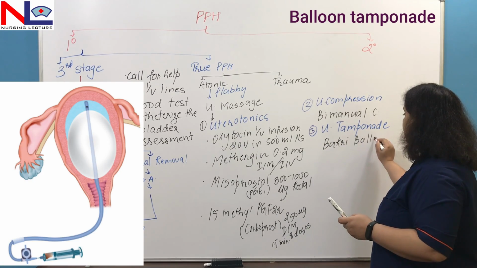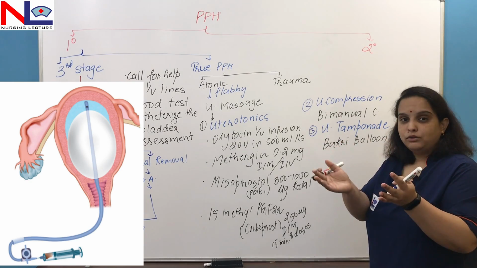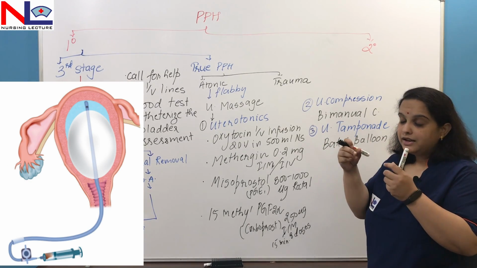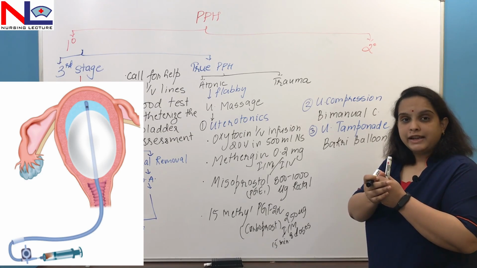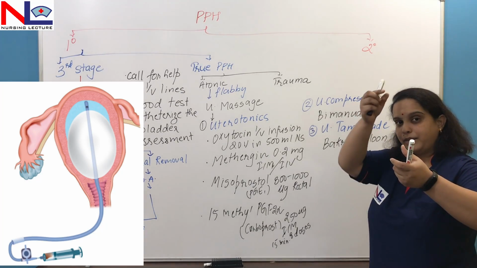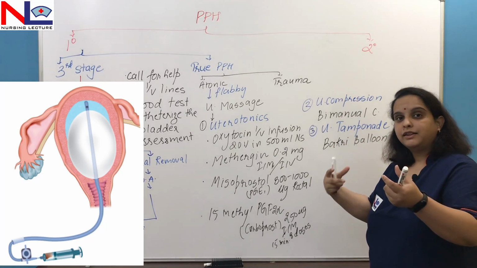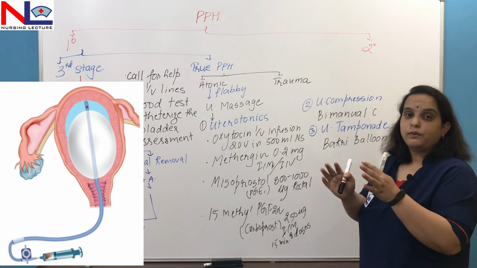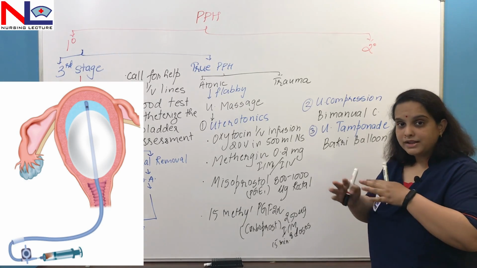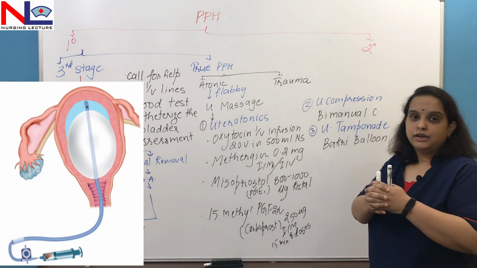It is a balloon-like structure that we introduce into the uterine cavity in a deflated manner. A catheter is attached to it, and through this catheter we infuse about 200 to 500 ml NS once it rests in the uterine cavity.